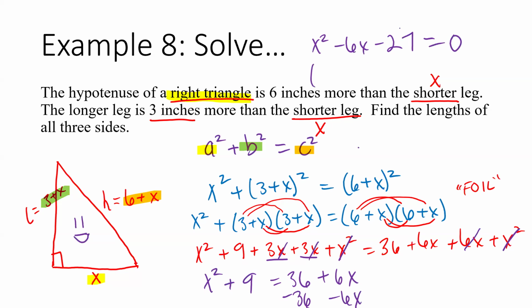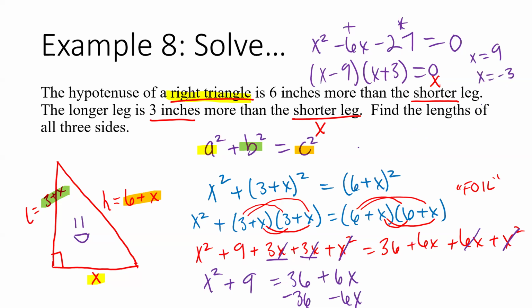So all you're left asking yourself is what multiplies to give you negative 27, but adds to give you negative 6. And the numbers would have been x minus 9 and x plus 3 equals 0. So therefore, your x would have to equal positive 9 or negative 3.